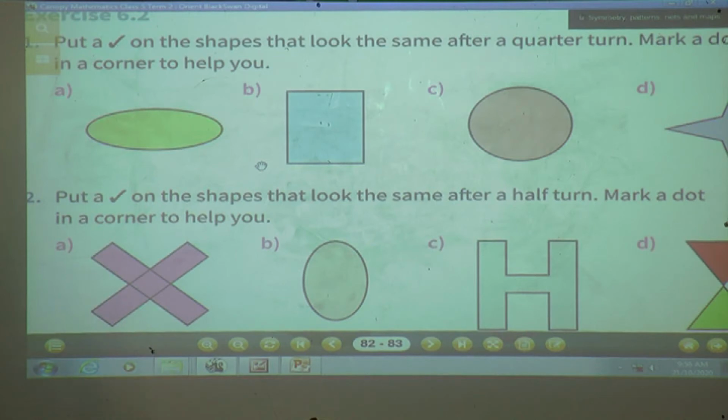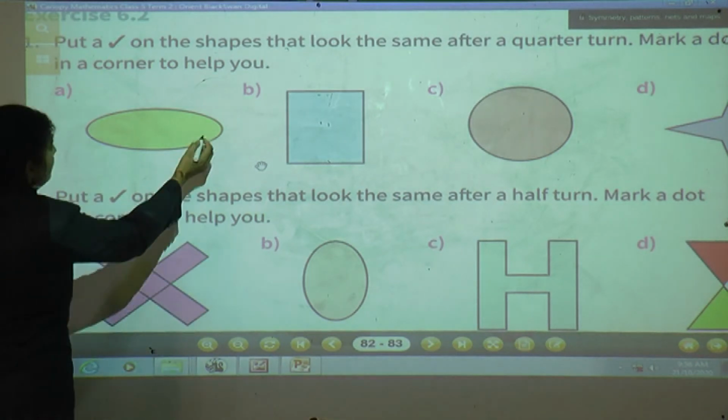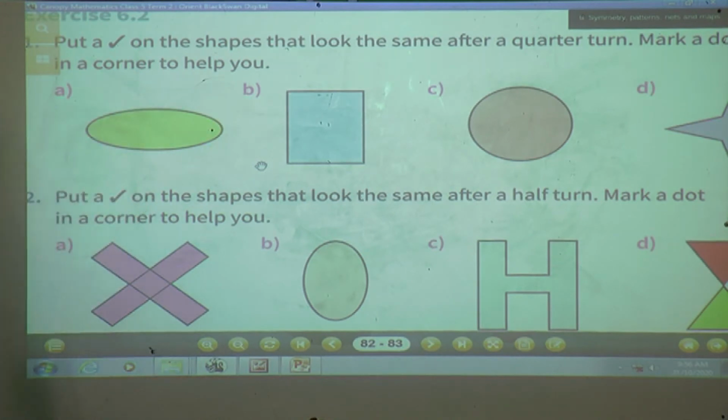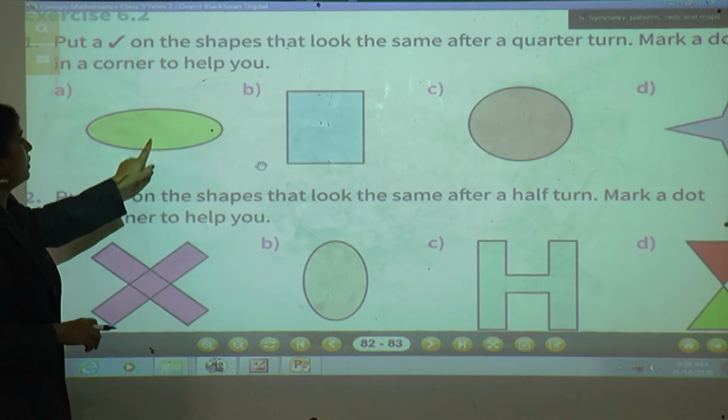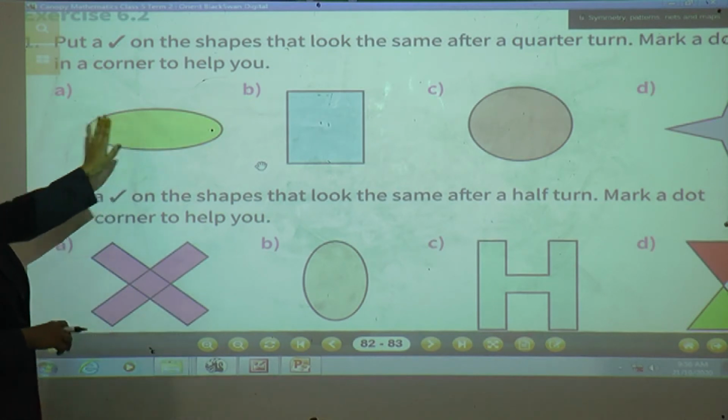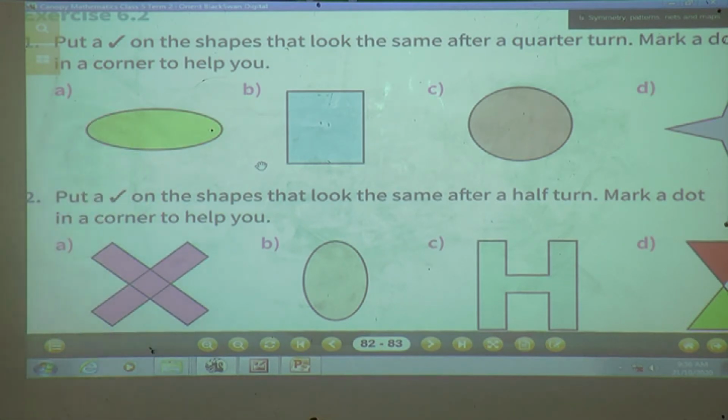Just now I told you, so we can make a dot also. See students, for the first one, if I turn it into a quarter turn, where will it go? Does it look the same? No, the dot will come here. So this shape will not look the same when we turn it a quarter turn.